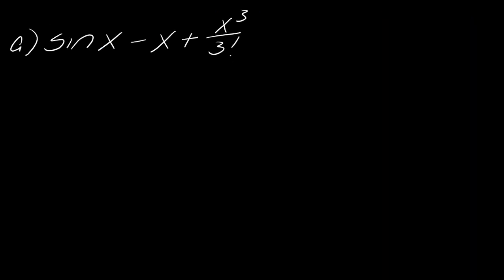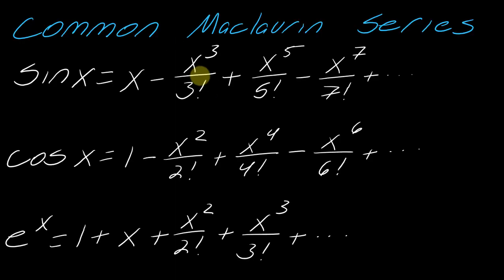Let's talk about what this is asking for. I want to leverage what I know about Taylor series to write this out as a full series. So if I think about what sine of x equals, sine of x is x minus x cubed over 3 factorial plus x to the 5th over 5 factorial, and so on and so forth.